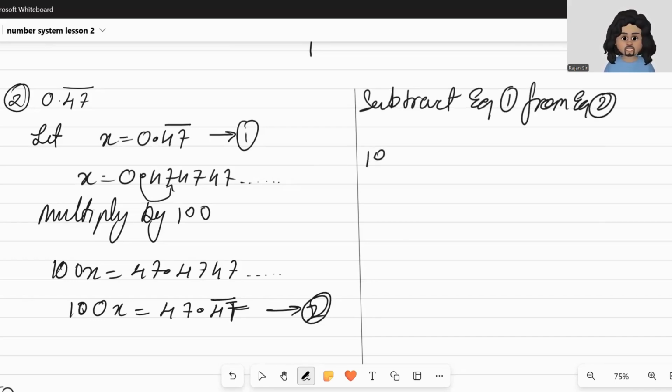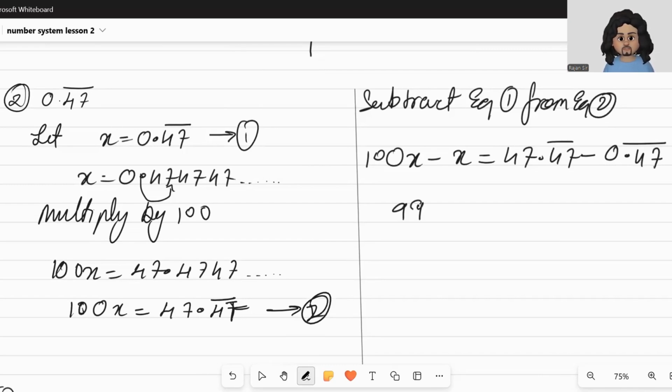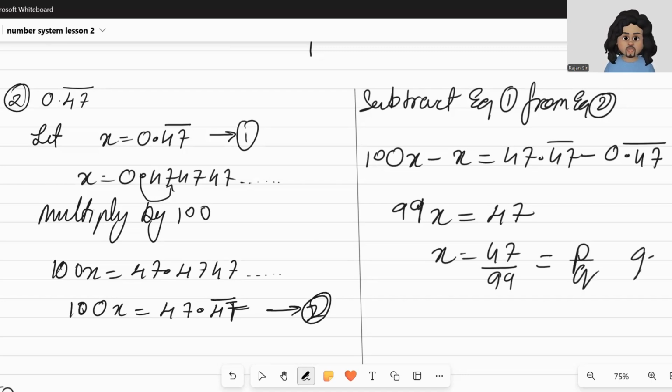So we get 100x minus x is equal to 47.47 bar minus 0.47 bar. Now we get 99x here, and we get only 47 over here. Now we have x equals 47 upon 99. As you can understand, there is no common factor over here. 4 plus 7 is 11, and this is 99. So this is your answer in p by q form, where q is not equal to 0.